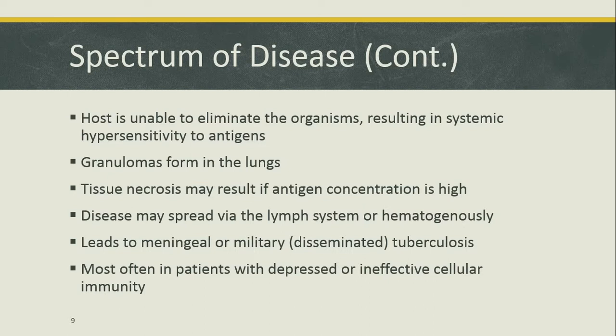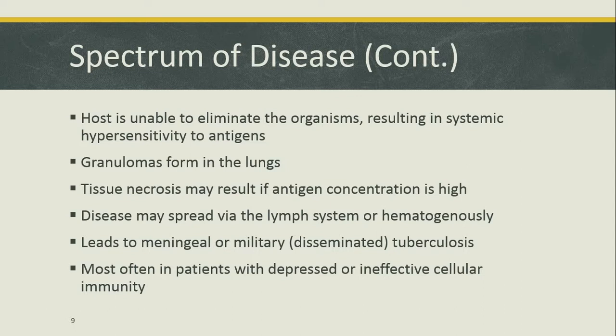Some may be destroyed. Some could form a granuloma. And the ones that stay behind after they have not been destroyed are the ones that cause systemic hypersensitivity or systemic problems later on.